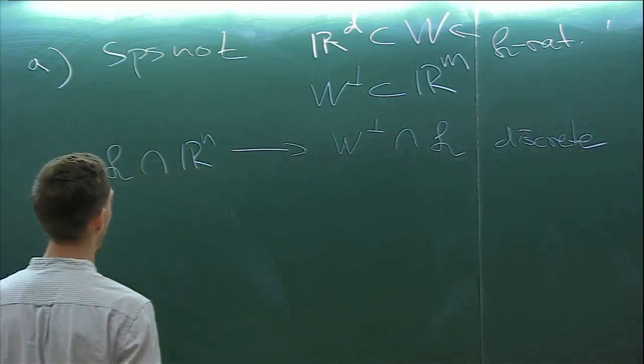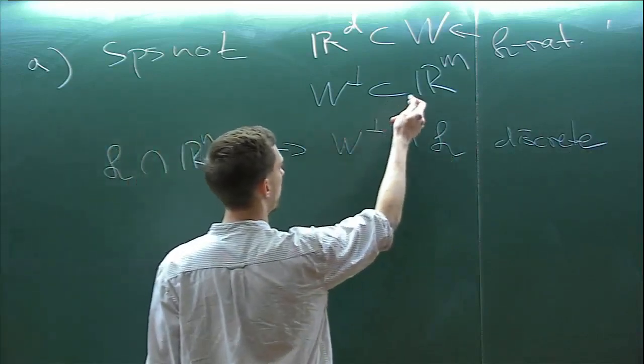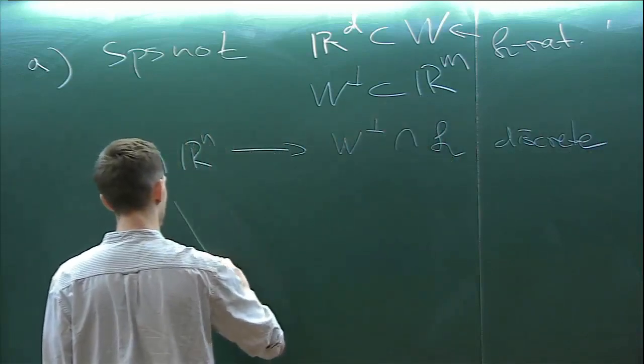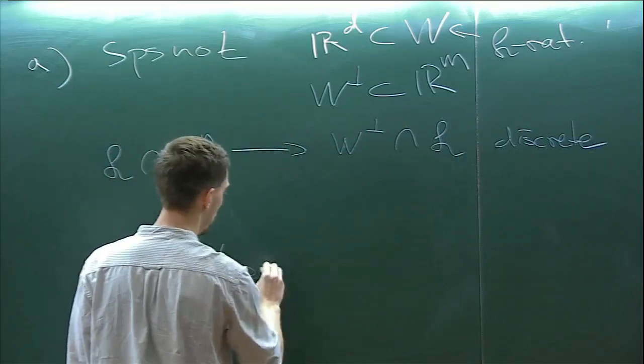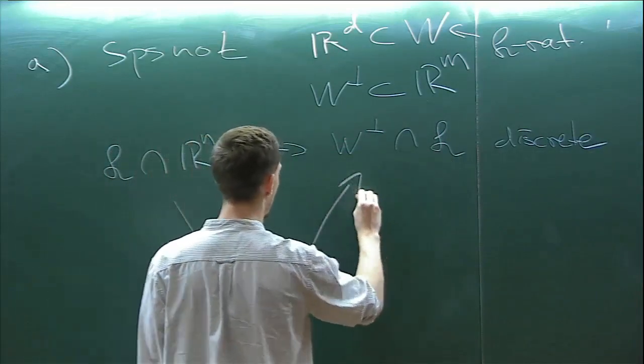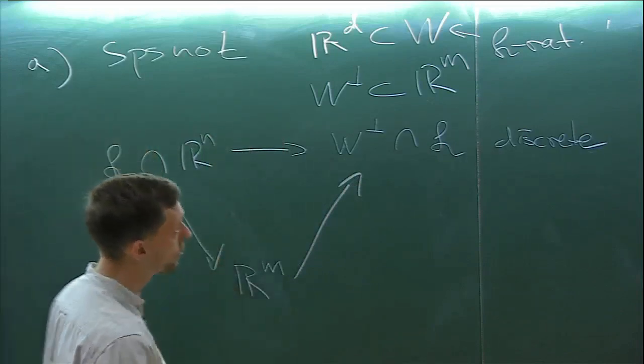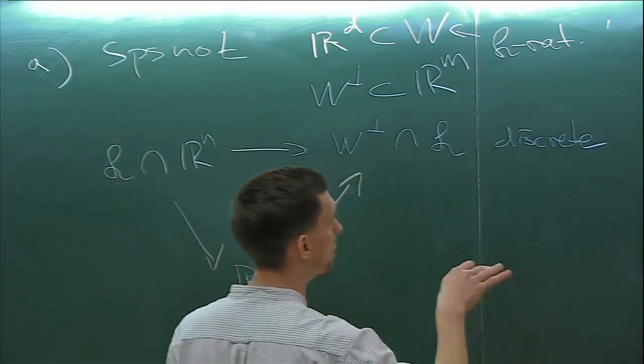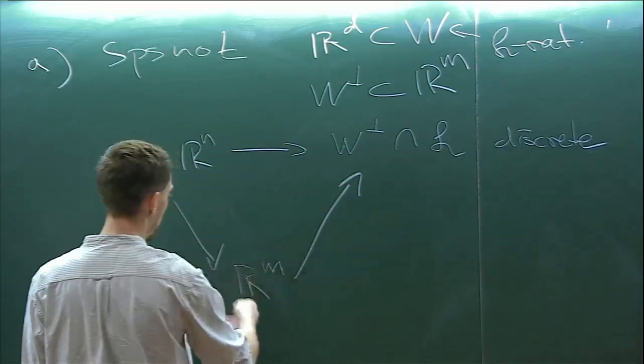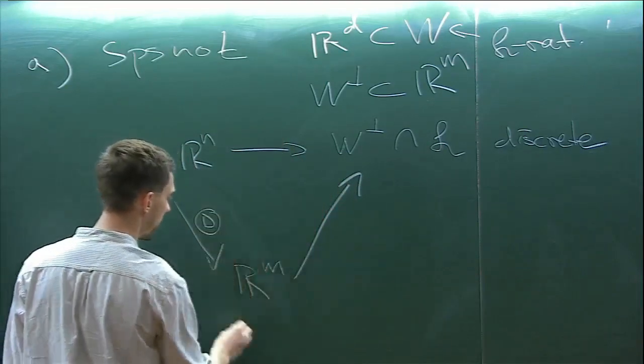On the other hand, this map will factor through Rn, by the assumption D, which says that the projection on internal space is dense.